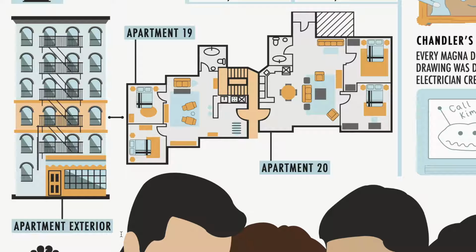So I tried to do the same type of thing with my apartment building, having an exterior view, and then the 2 models, or the 2 apartments that I focus on, are kind of looking in at a bird's eye view. And I wanted my labels to be simple, just like the model, with a colored box behind and the text above, with a simple line either from the top or bottom.